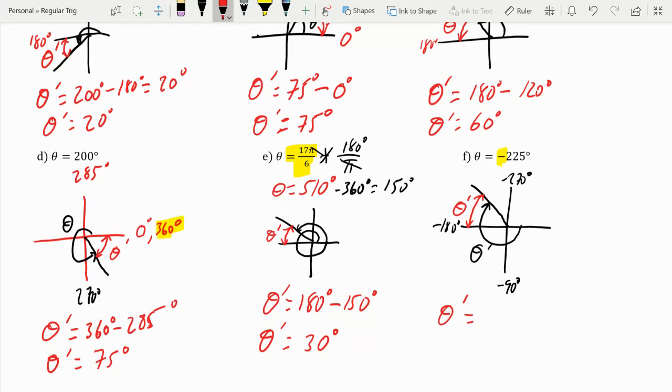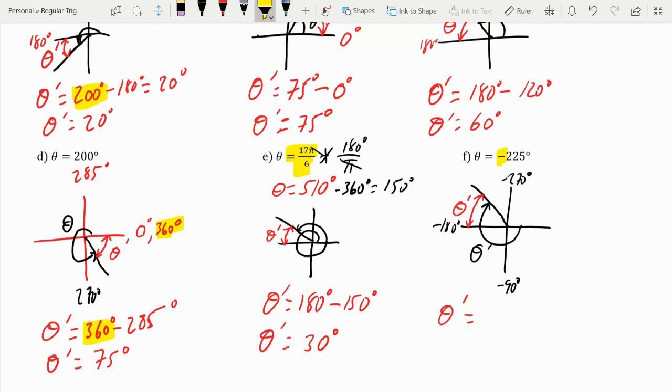Have you noticed every single time we've done theta prime, when we were looking for the reference angle, I always put the biggest angle first? Like up here for part A, I put 200 first, and for part D, I put 360 first. I always put the biggest angle first.